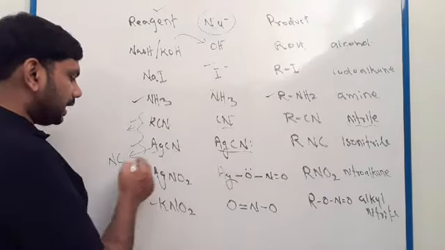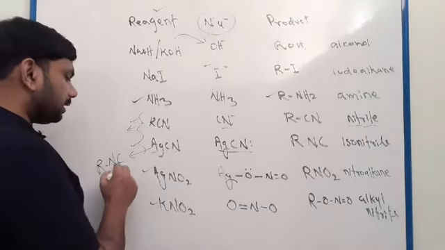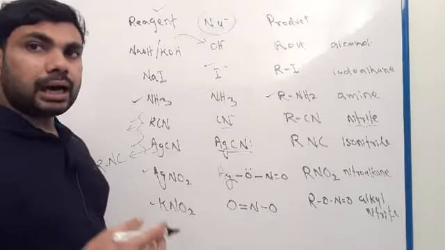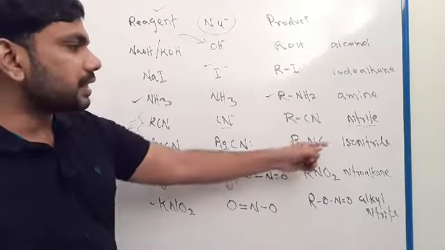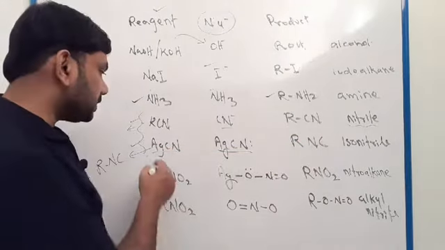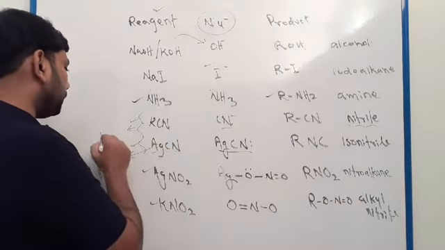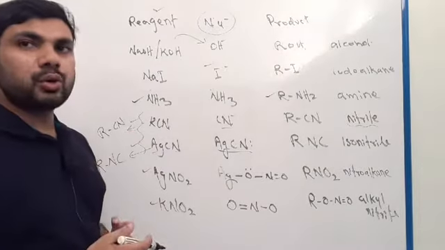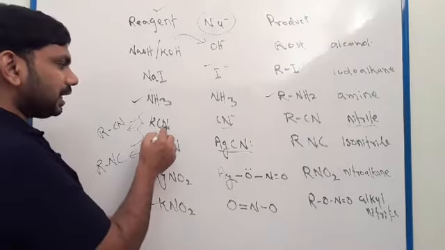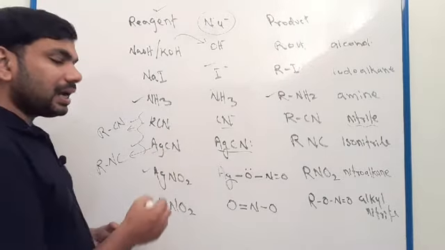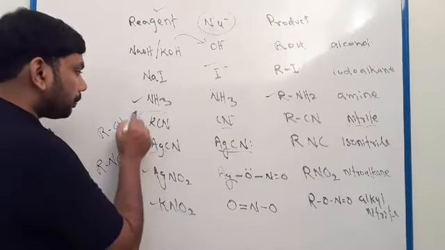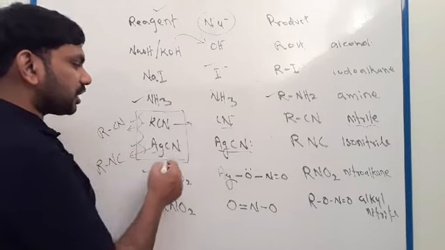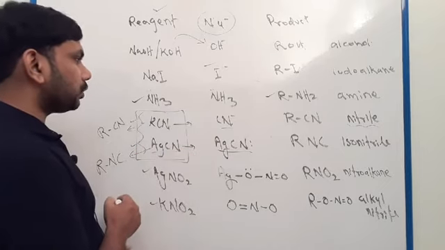Alkyl isonitrile will be formed with AgCN. With KCN it will be RCN, which is a nitrile compound. So KCN gives nitrile compound, AgCN gives isonitrile compound. Remember this difference, different product.